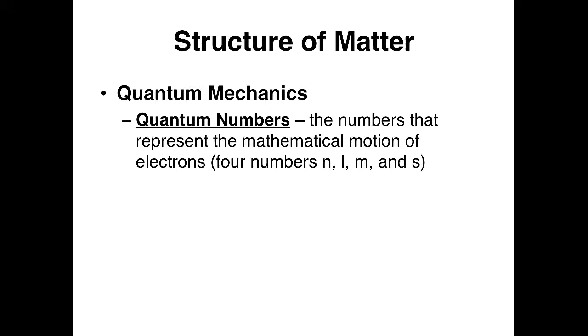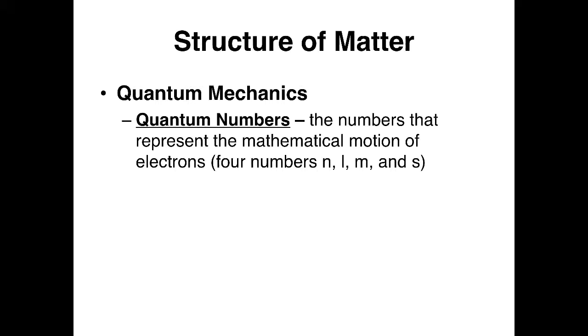Think of this first number, n, like the United States. That's the principal quantum number, and it's the number that represents the major energy level. Then I also live in Kentucky, so that's l, or let's make l Lexington, Kentucky. That's the angular quantum number, the second number. The third is m. That's my address, 291 Rosemont Garden.